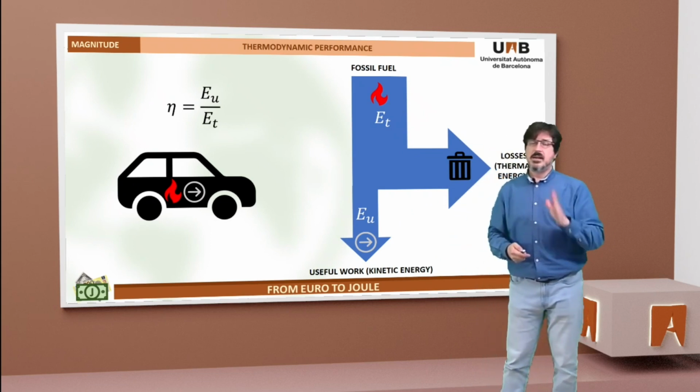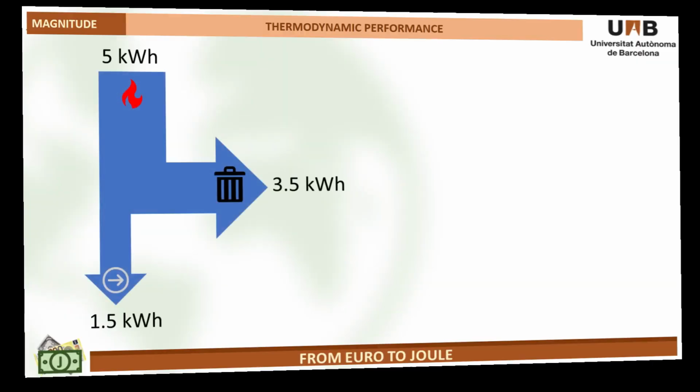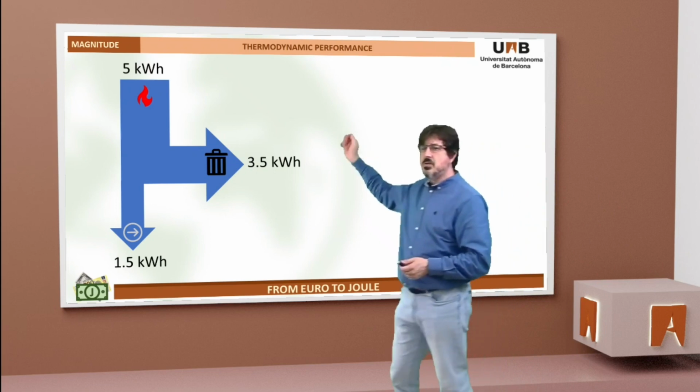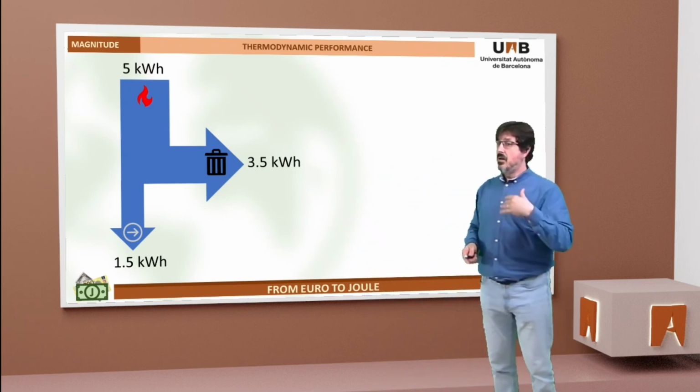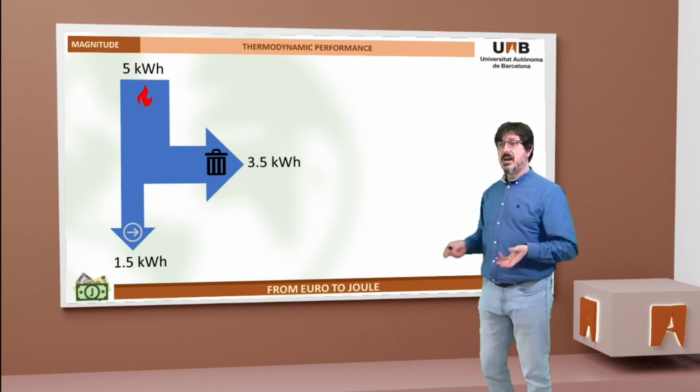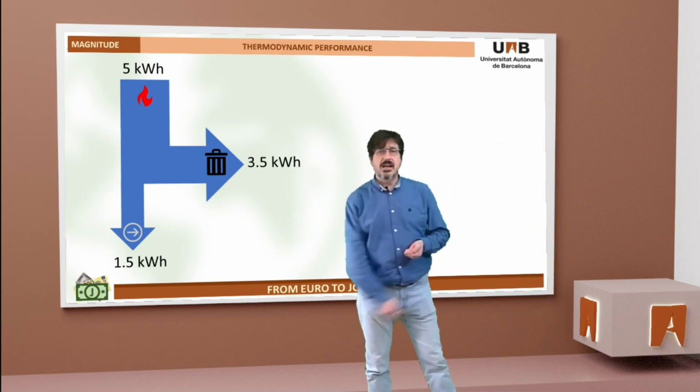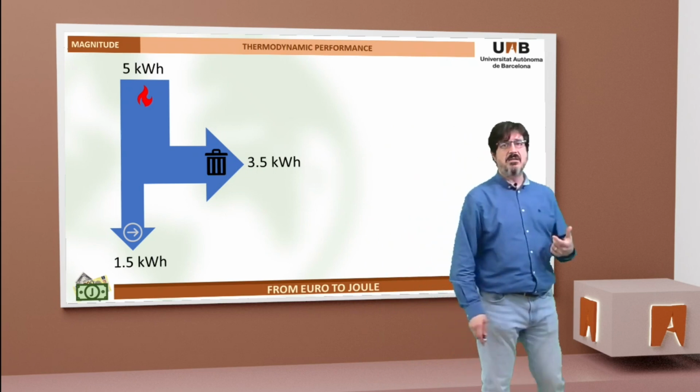In an internal combustion car, these are the typical magnitudes that we have. Let's imagine that we use 5 kilowatt hours of energy, and from these 5 kilowatt hours of energy, at the end I will only use 1.5 kilowatt hours.